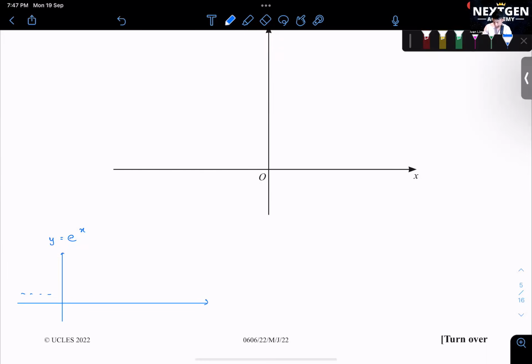Here you get your asymptote, y equals 0, and this is y intercept 1.